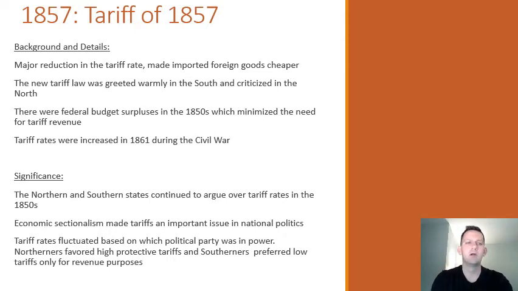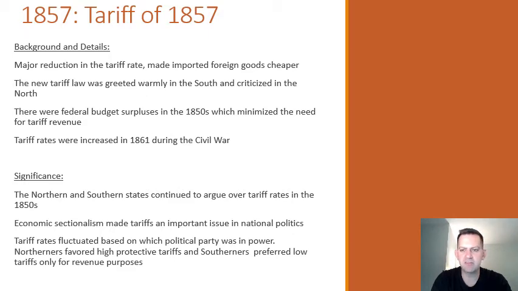In an earlier presentation on the causes of the Civil War, I said there are some fringe historians who claim that the Civil War had nothing to do with slavery or the expansion of slavery. These fringe historians will say it was economic sectionalism, or economic reasons primarily not related to slavery, that caused the Civil War.